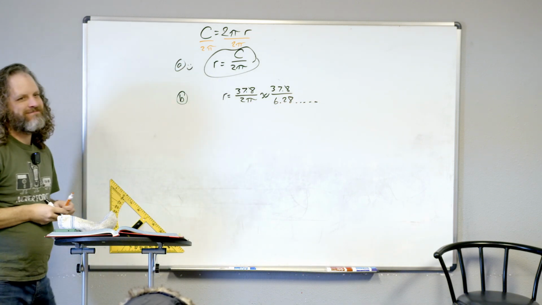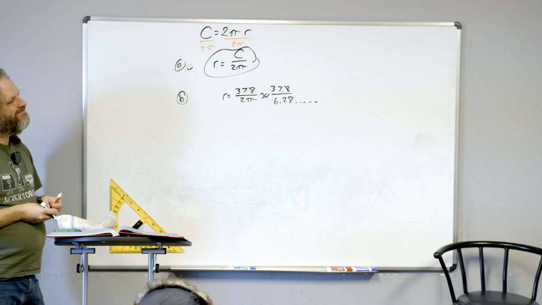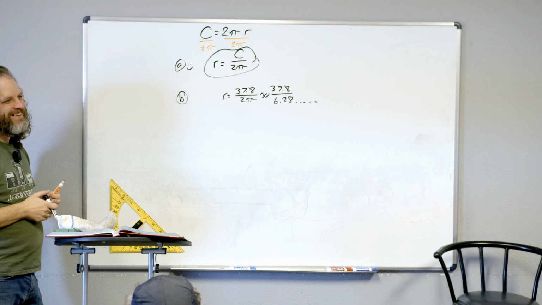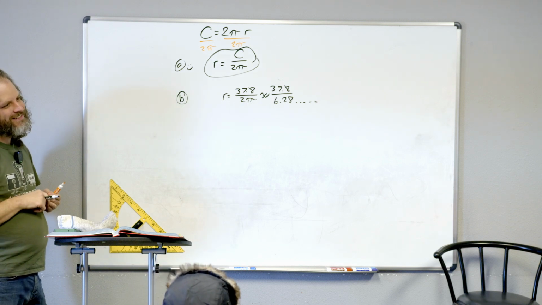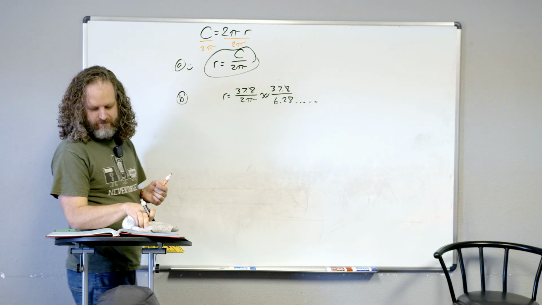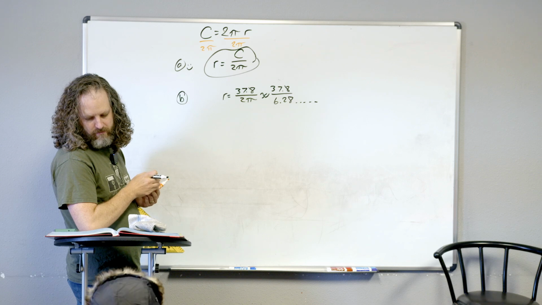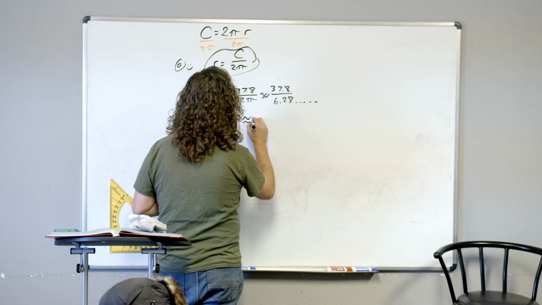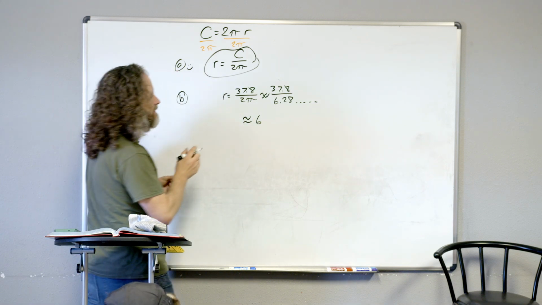Now what do you do? Divide this. So 37.8 divided by 2 pi is what? So about 6. What are the units? Feet.